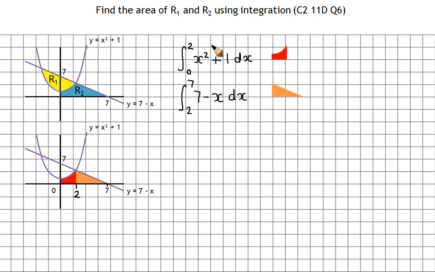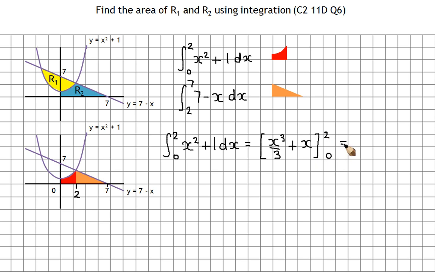Okay, so first integral then, we're going to do the integral between 2 and 0 of x squared plus 1 with respect to x. So that's going to be, add 1 to the power, divide by the new power, so that's x cubed over 3 plus x between 2 and 0.